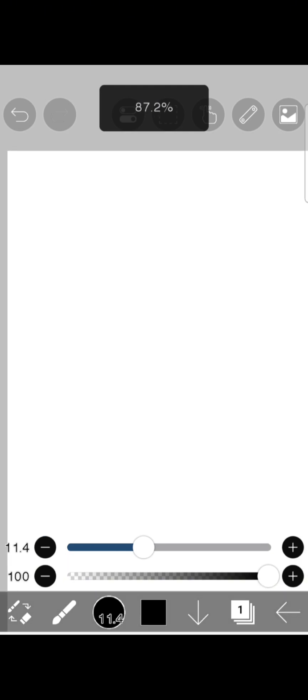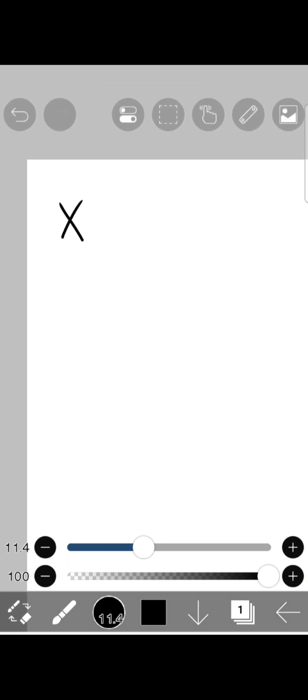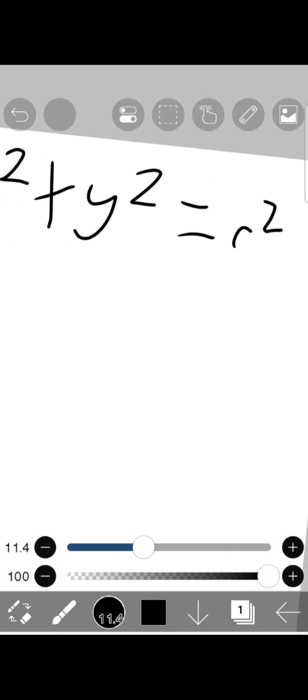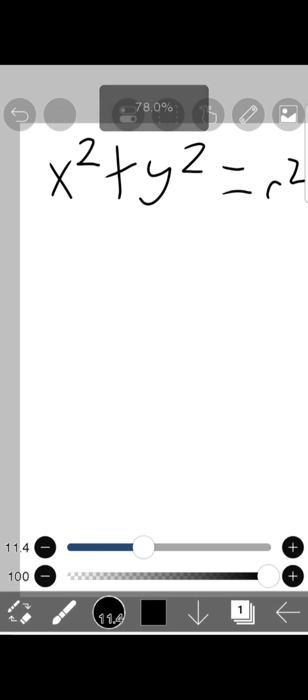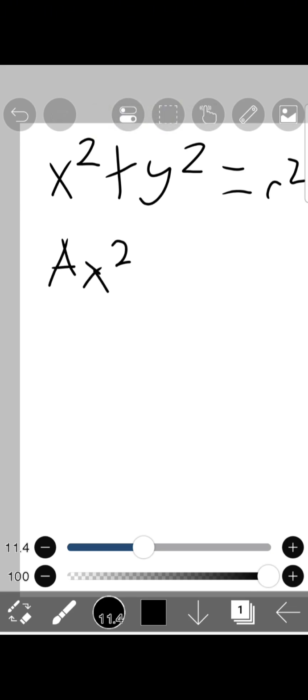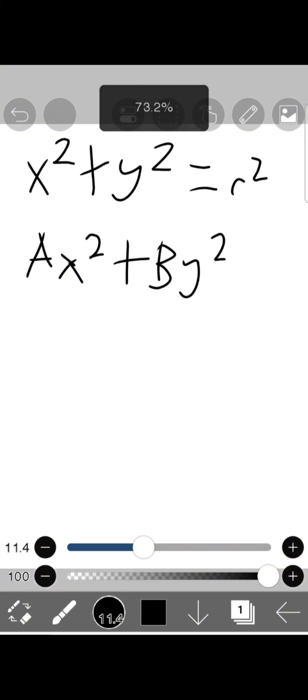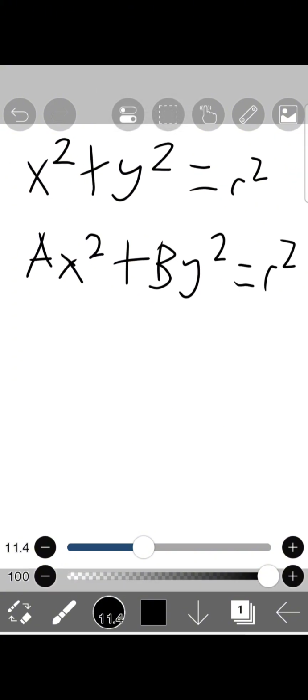we have the standard equation x squared plus y squared equals r squared. As we all know, this is the standard equation of a circle, but we can go ahead and write its coefficients this way: a x squared plus b y squared equals r squared.